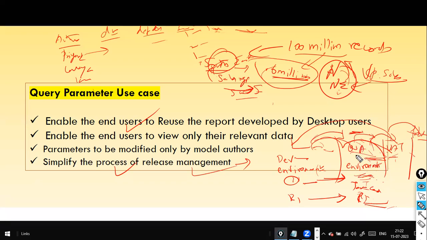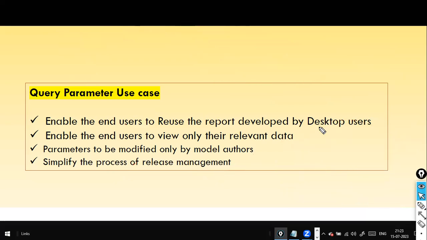But while making changes, if they make some other mistakes, again it is a painful thing. Hence, don't touch my code. Simply open my report, and we have a parameter. It will prompt you to enter the file name and the corresponding folder name. That's all. So with the help of the query parameter, we can ease the release management process.